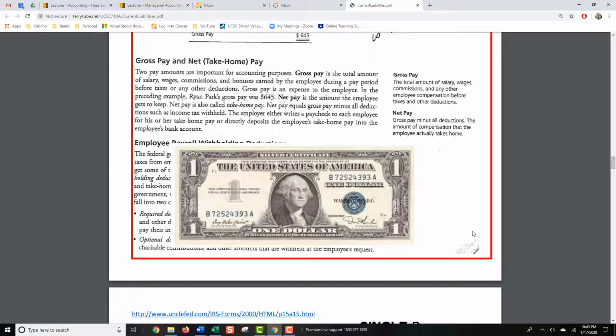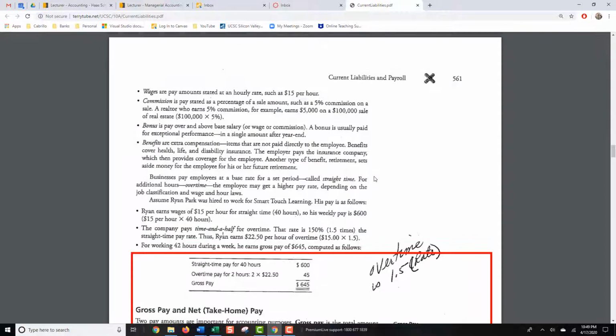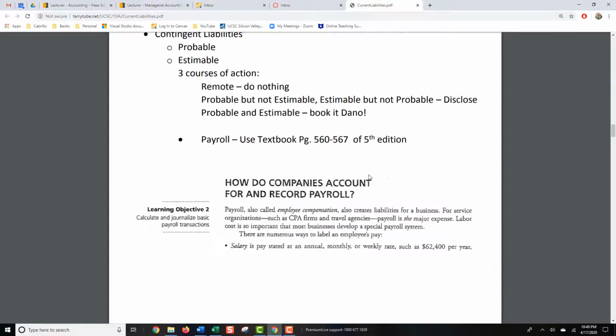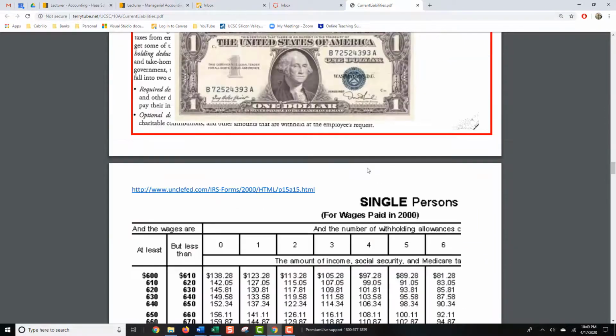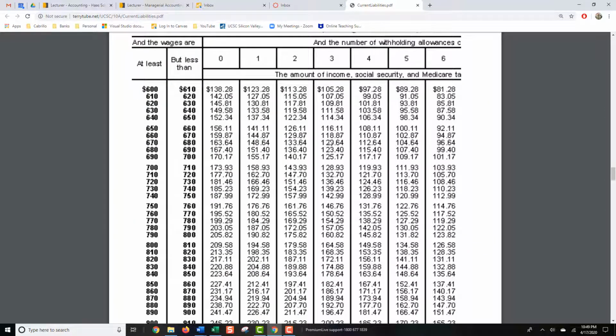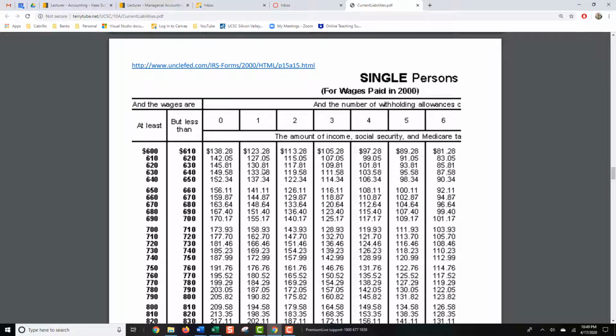Payroll is probably easily divided into two parts. There's the employer taxes and the employee taxes, which is why I put a dollar bill here. The first thing with employee taxes is you go to the tables. Here. And you have to take out the federal withholding taxes.